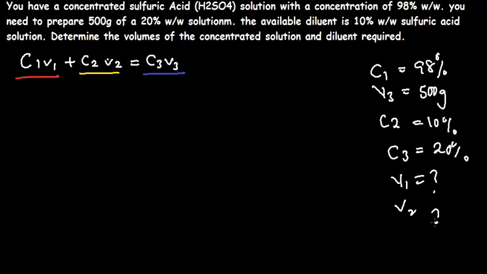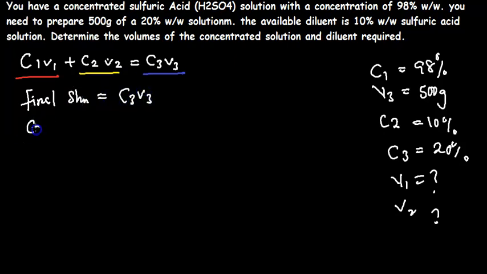In this case, the volumes we are left to find are the volume of the concentrated solution, V1, and V2, that is the volume of the diluent. First thing we need to do is to determine the amount of hydrochloric acid in the final solution. In this case, between C1, V1, C2, V2, C3, V3, which one is the final solution? Our final solution is going to be C3, V3.